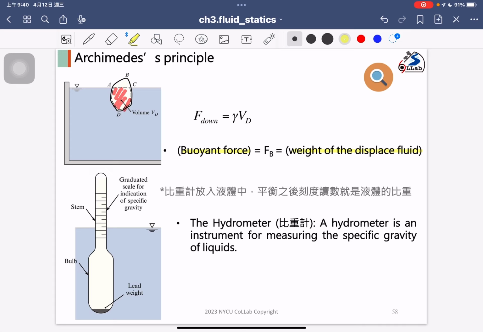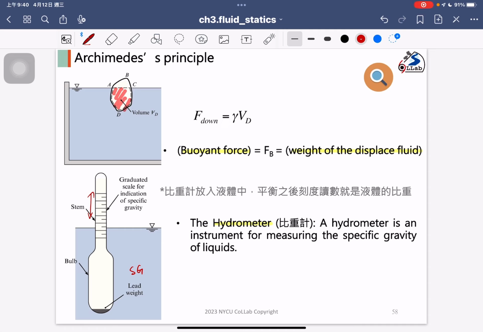Based on this idea, Archimedes' principle, we can develop hydrometers. We can put the hydrometer inside the liquid, and if the liquid changes its specific gravity, Sg, we will have a different buoyant force, and so a different specific gravity scale.